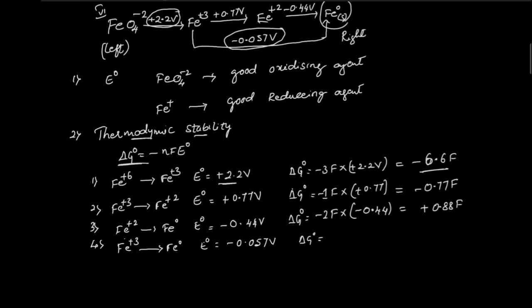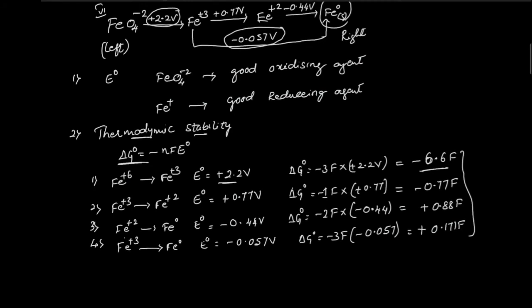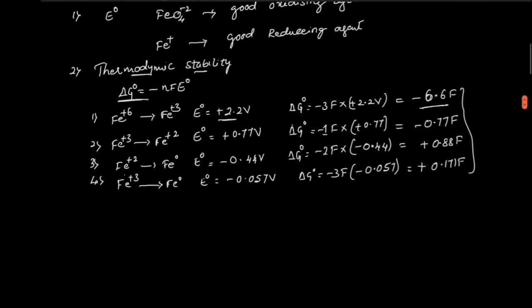Delta G naught value will be equal to, how many electrons are involved in this reaction? 3 electrons, minus 3 into F into minus 0.057 volt. After calculating this, you will get plus 0.171 Faraday's constant. This is how, by seeing these delta G naught values, we can find out the feasibility or stability of the species.